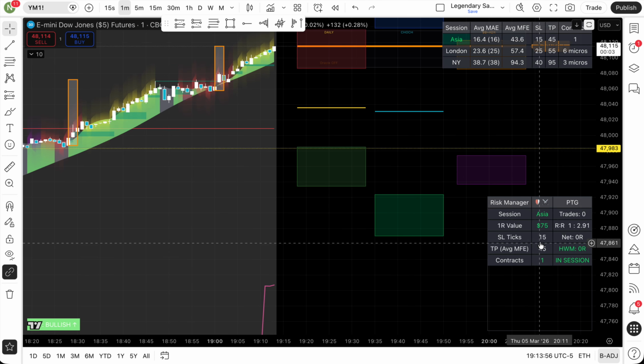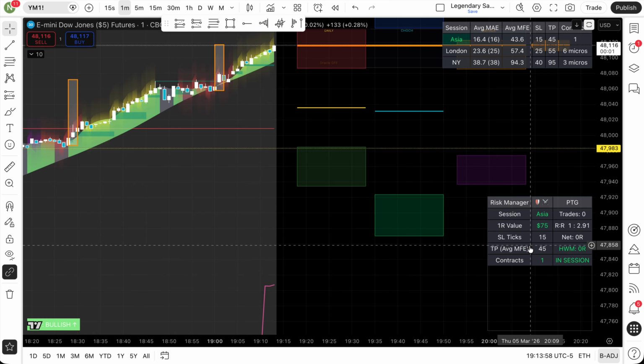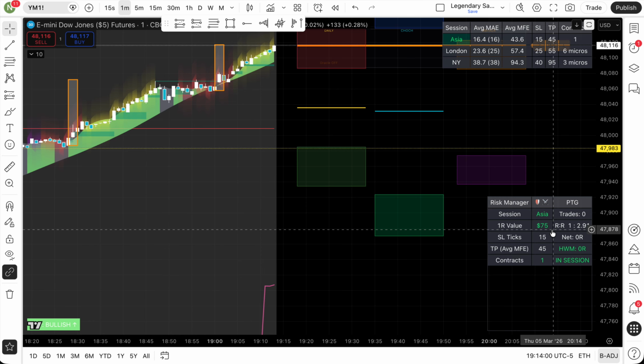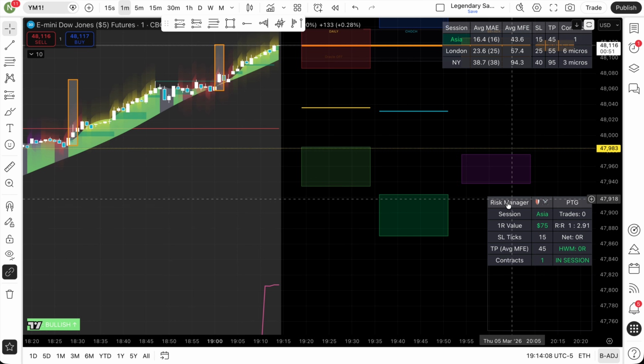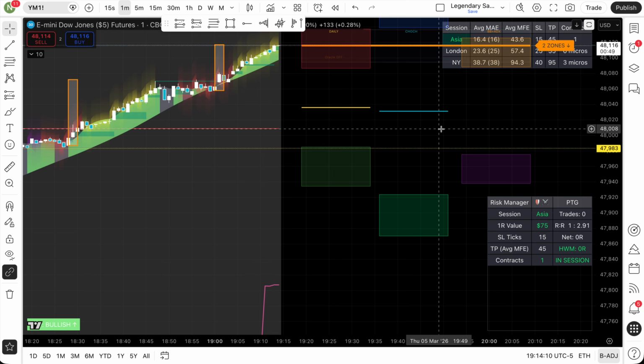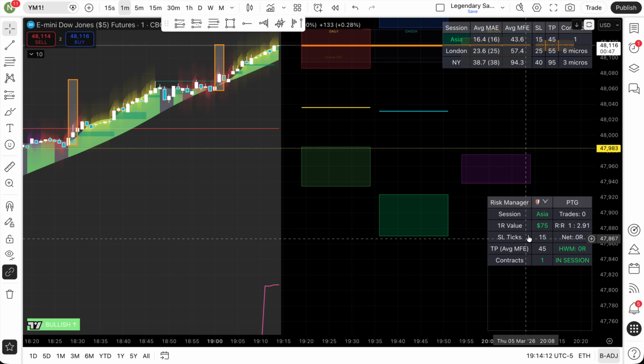It's telling me that if it goes beyond this number of ticks, then statistically speaking, it's probably a failed trade. It's because the majority of all successful pullbacks, for this session, will fall less than that number.